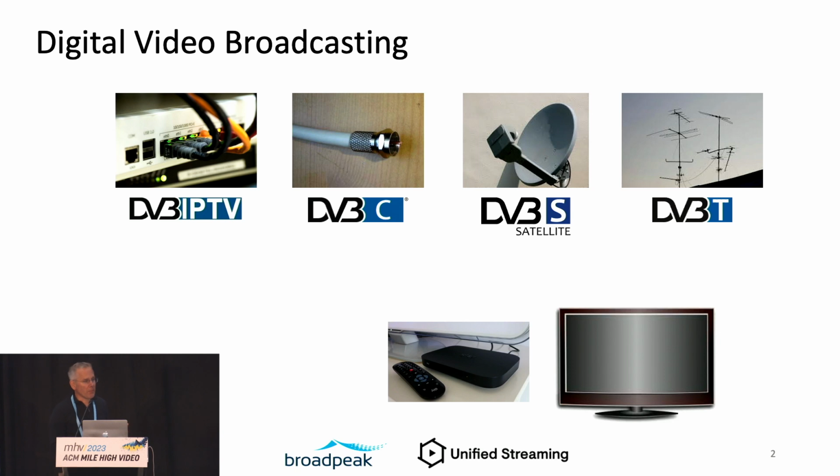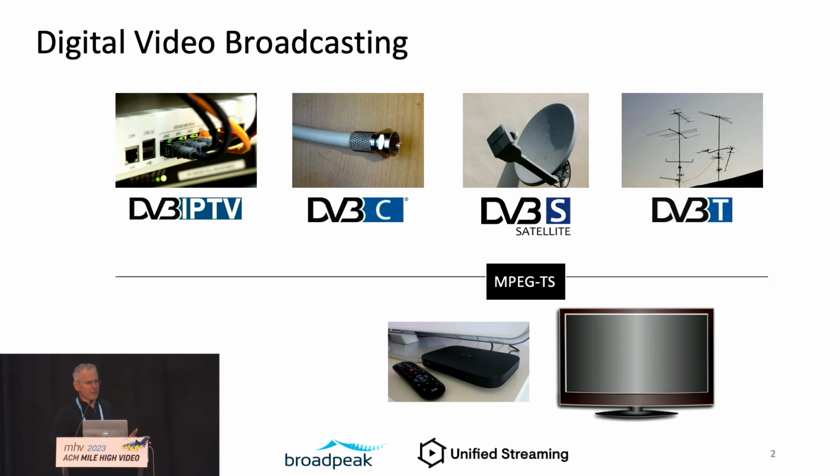20 years ago, DVB started to do something related to IP. They call it DVB IPTV. It was a closed world, so it was basically about using RTSP to control the playout and defining a service discovery mechanism, but very closed, not open to internet, dedicated to this system.